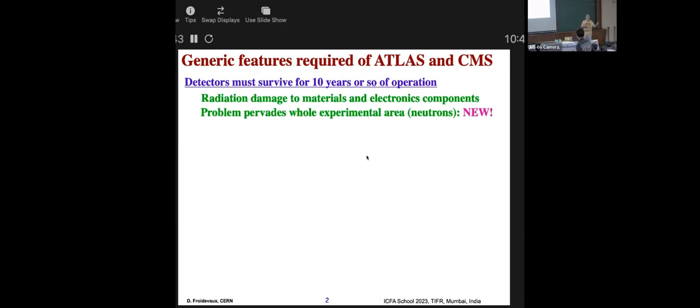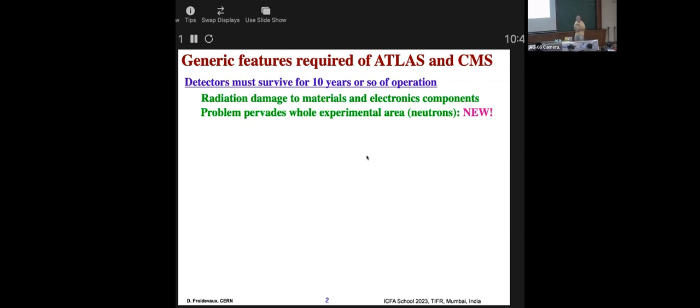If you go back 40 years, it looked almost impossible to build such detectors. And I will try and explain to you why, historically, and what has helped us with technology developments across time, over 40 years. We were fortunate that things have turned out in such a way that they actually work and beyond expectations.